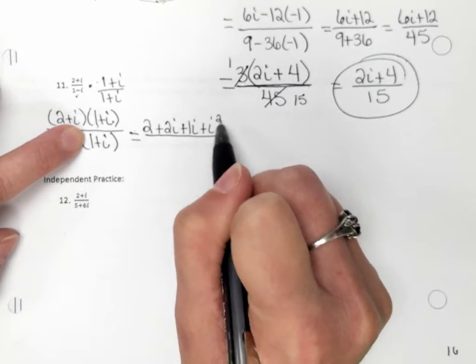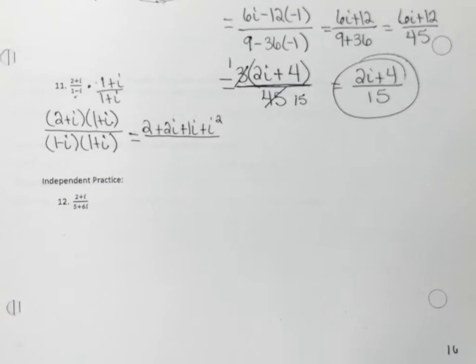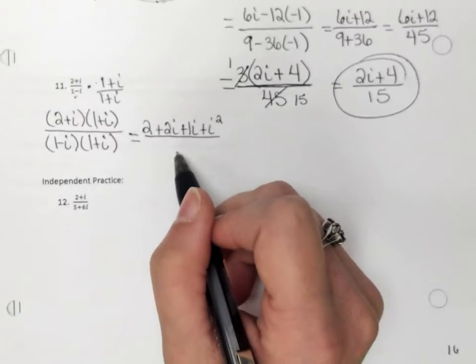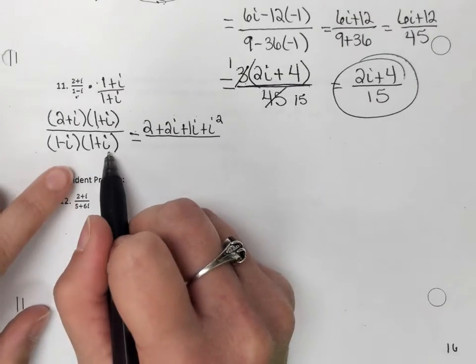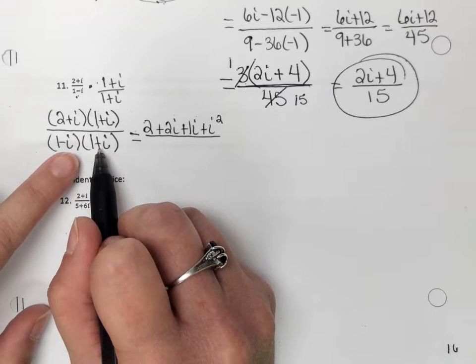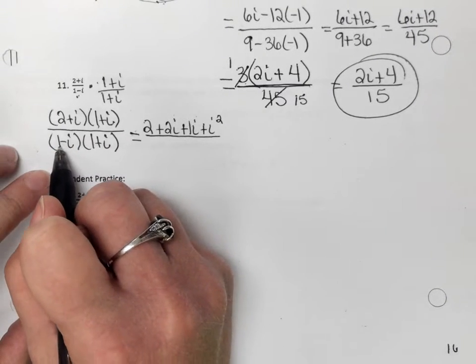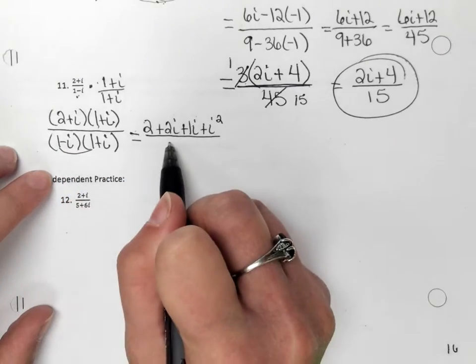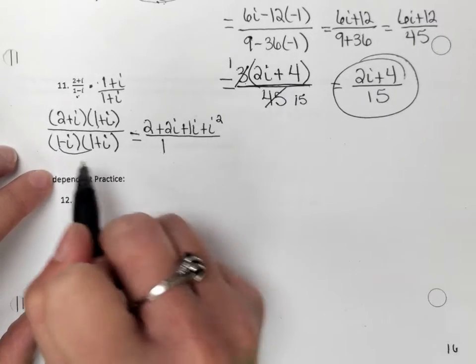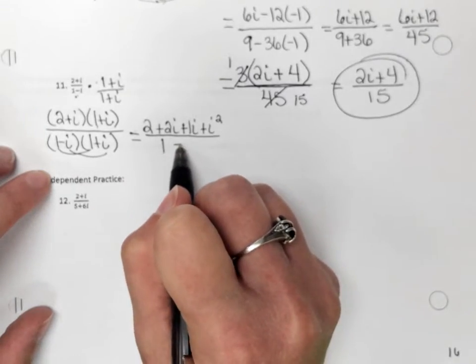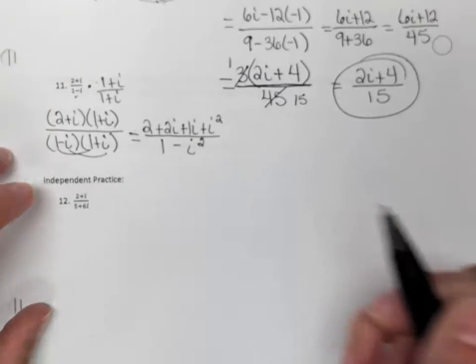There you go. Alright, are the bottom two conjugates? Yes. What's it mean to be a conjugate? They're the exact same thing except for the signs, right? So all you have to do is the first, 1 times 1 is 1. And the last, negative i times positive i, negative i squared. There you go.